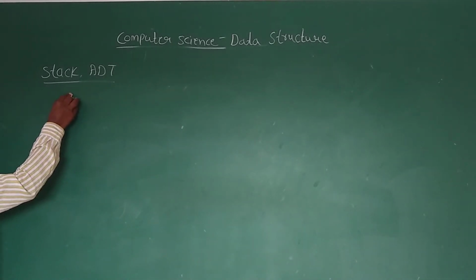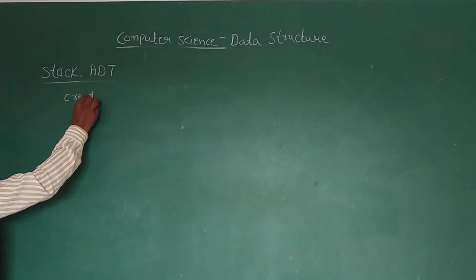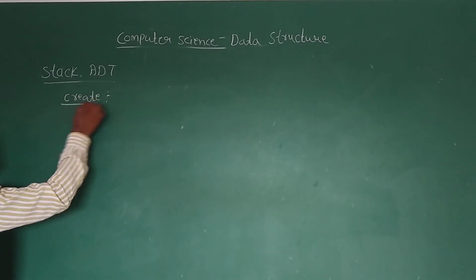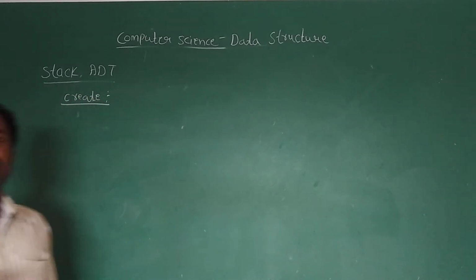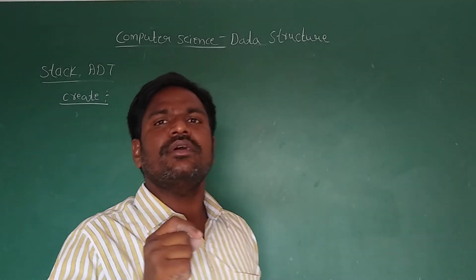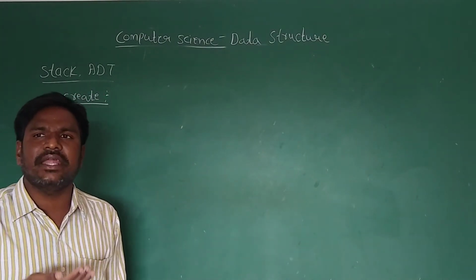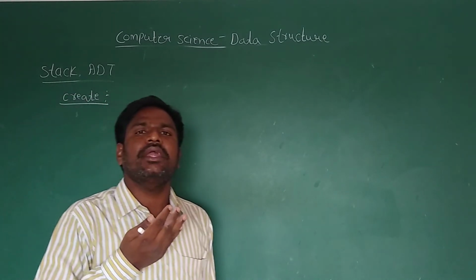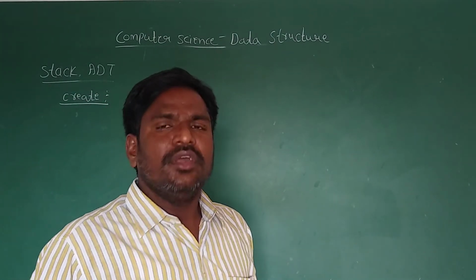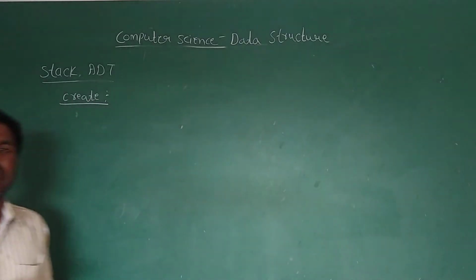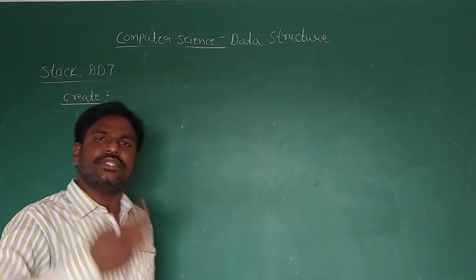First, creating an empty stack. Whenever an object of the class is created, we need to create an empty stack. When you are creating an empty stack, we have to assign two things.